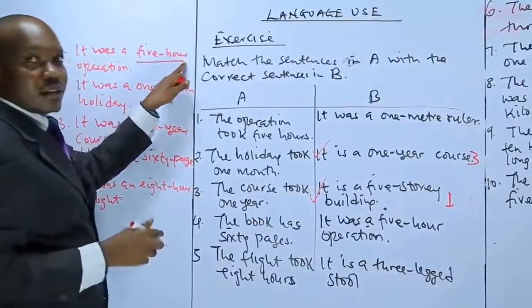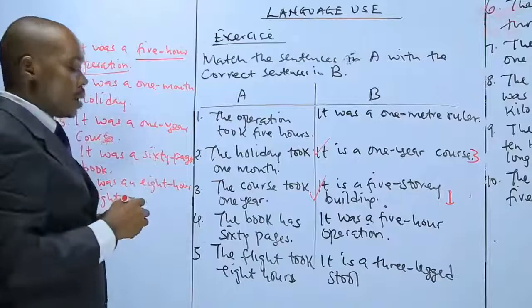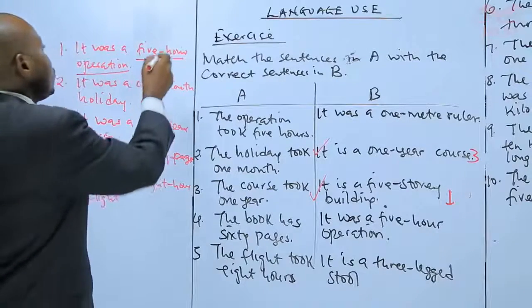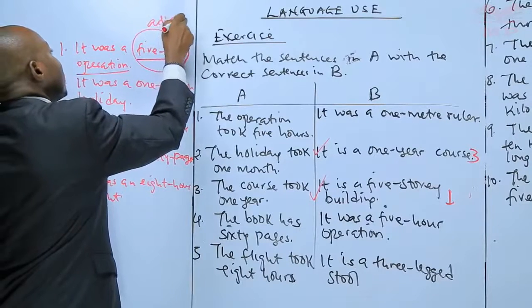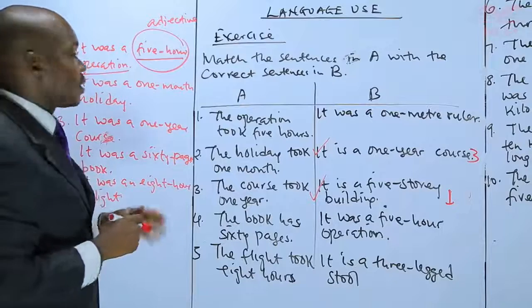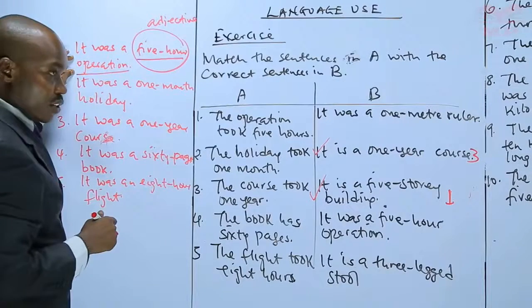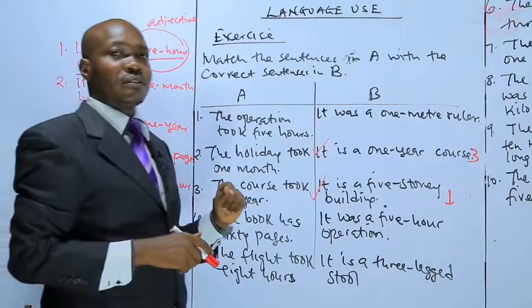Then hour is a noun plus operation, a noun. But these two are acting as an adjective, all right? Because they are describing the operation, how long it took. It took 4 hours, it took 5 hours.